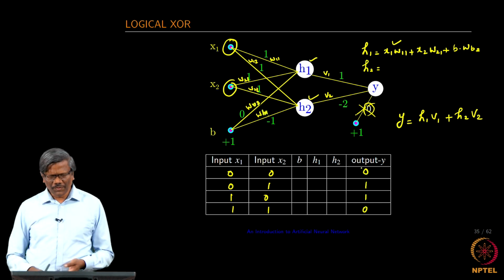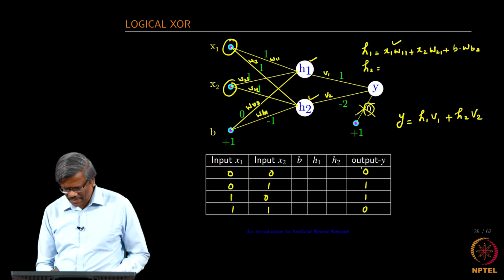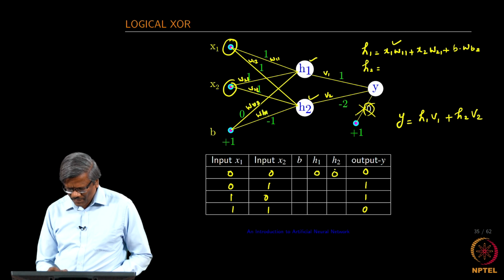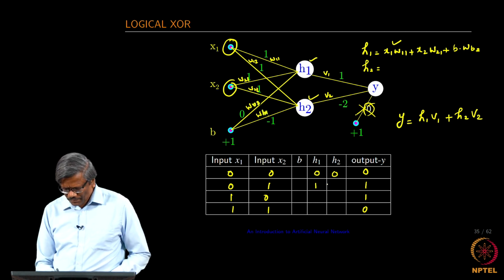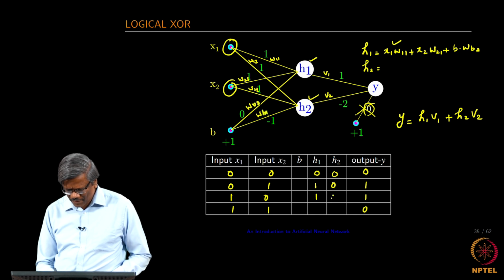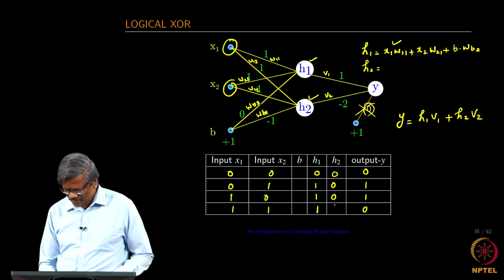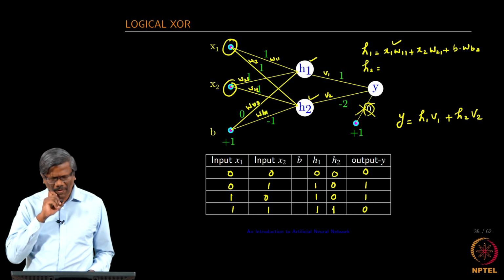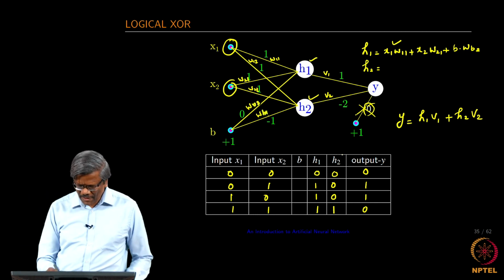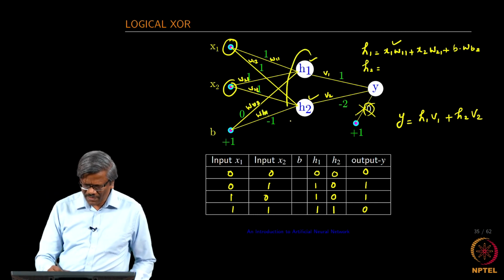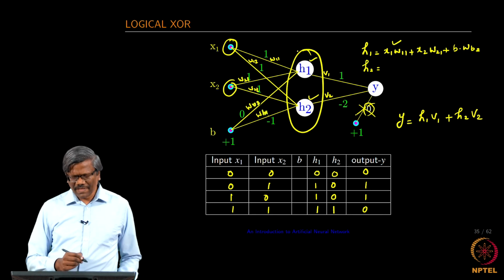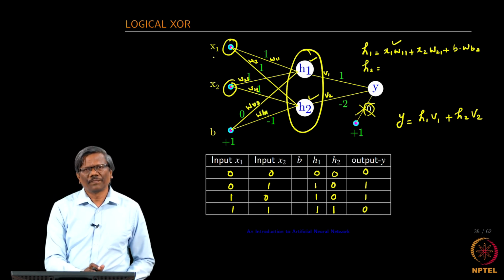When you compute the values of this, you will see that H1 is translated into this form. Okay. So, H1 and H2, if you notice, are the representatives of the input parameters.